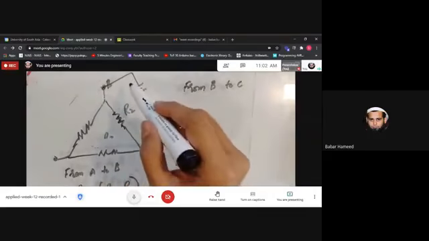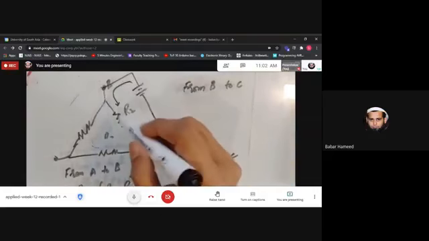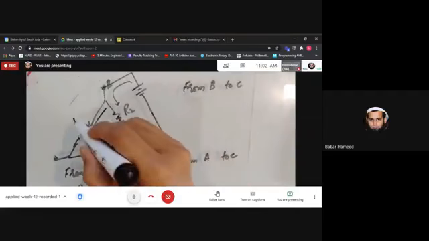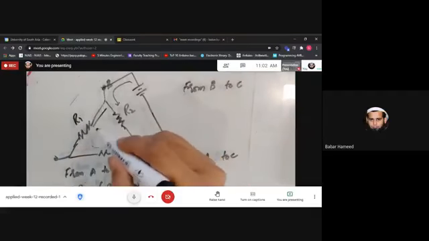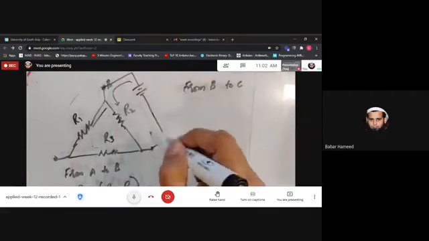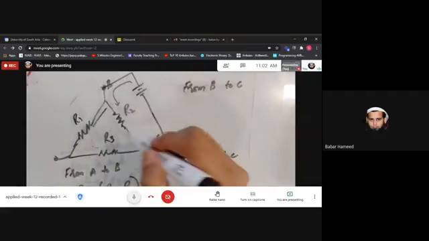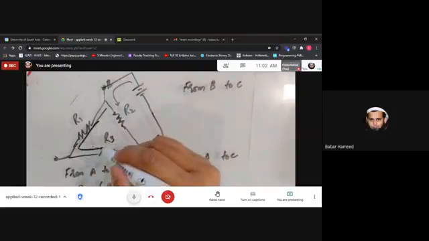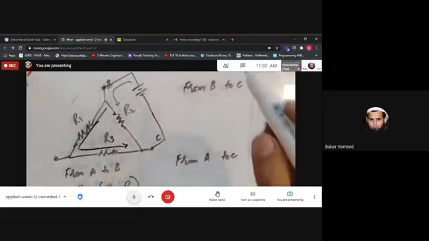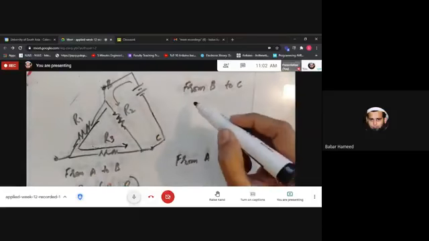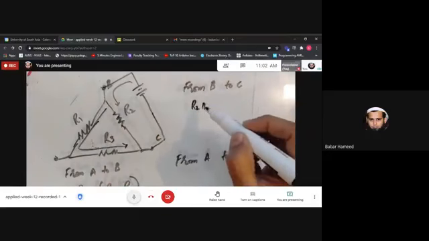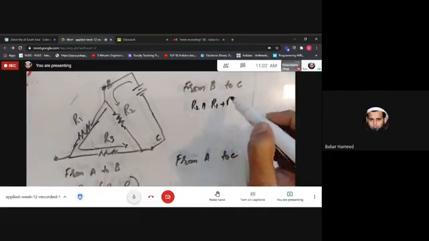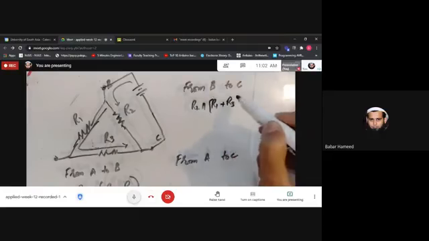Current will start flowing here and here. One path from B to C is through R2, the other path is through R3, so I can say R2 is parallel with the series combination of R1 and R3.